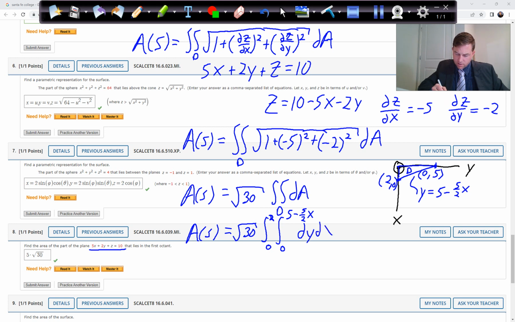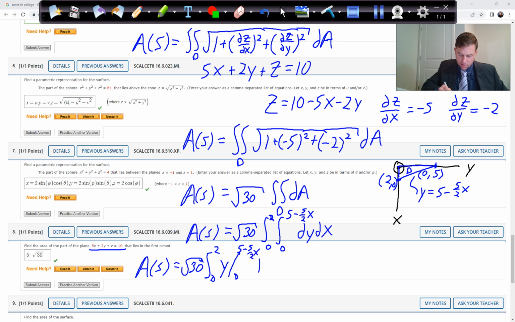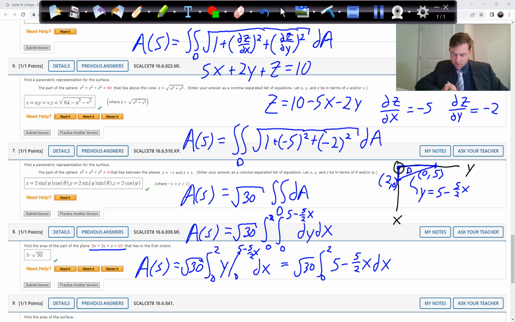So we're going to go from 0 to 5 minus 5 halves x, and our order of integration would be dy dx. This will equal root 30, 0 to 2, of just y from 0 to 5 minus 5 halves x dx, which gives us root 30, 0 to 2 of 5 minus 5 halves x dx.